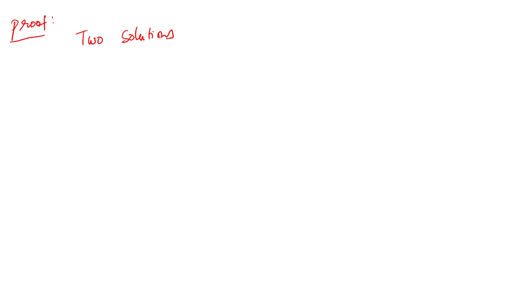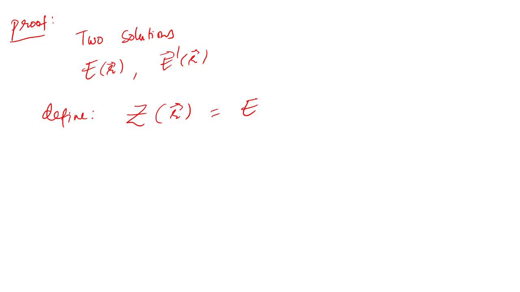If I have two solutions, let's say E of r and E prime of r, both of these are solutions, then I'm going to define a new function. Let's call it Z of r, which is the difference between E of r and E prime of r.